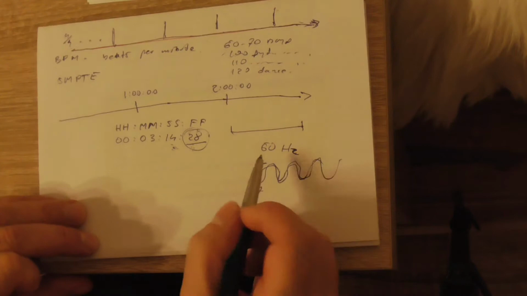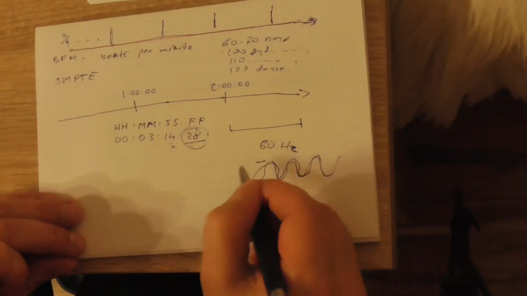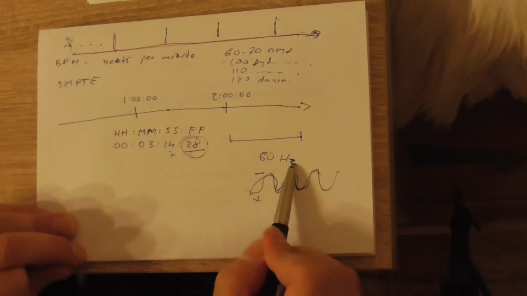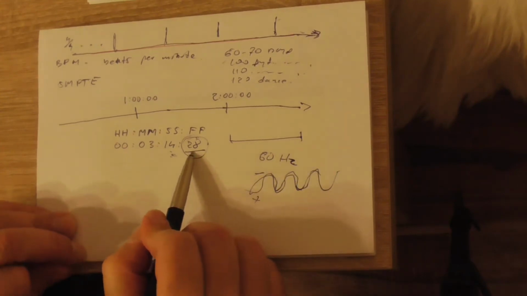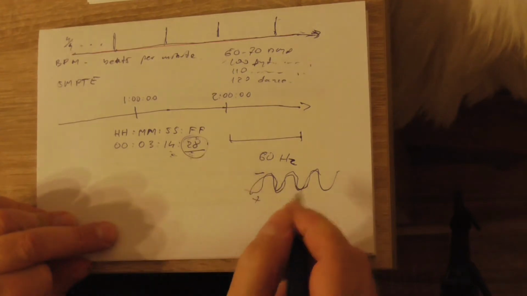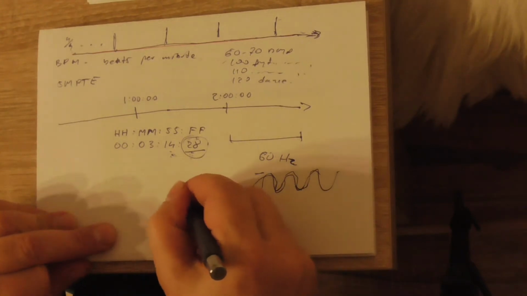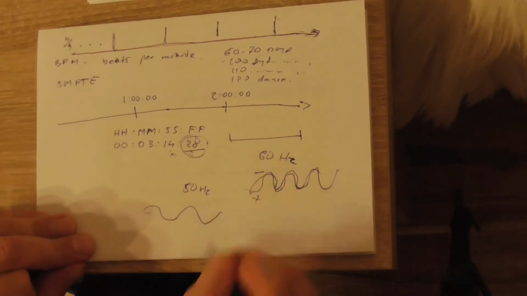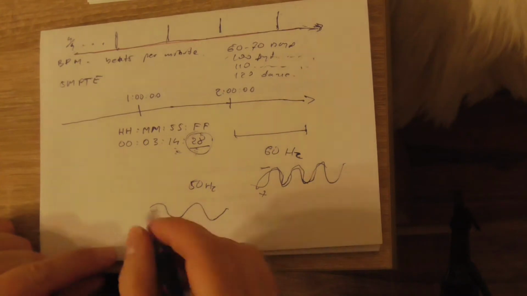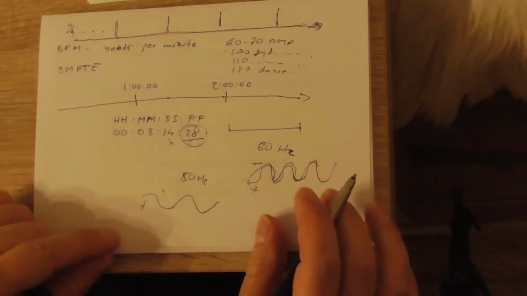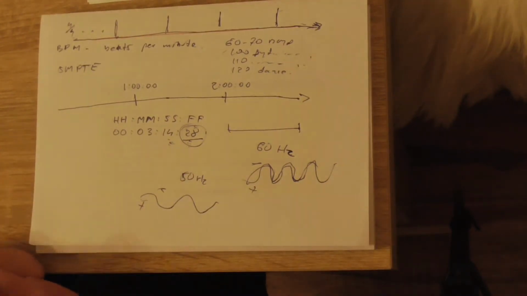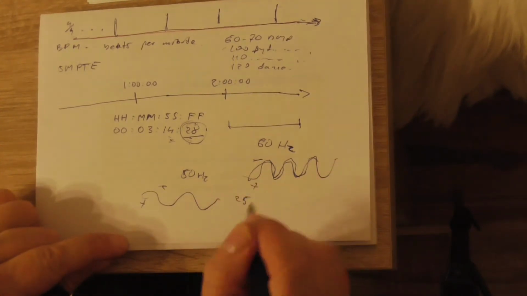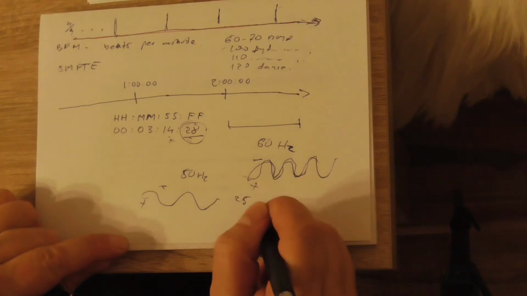To avoid blinking of the screen, it was counted this way, so one second was divided into 30 frames. In Europe we've got 50 hertz in current, so it's 25 frames per second.